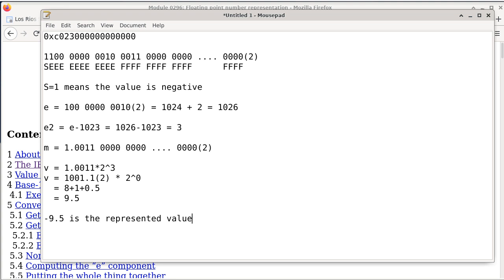C and C++ recognize this prefix as well. So anytime you want to use hexadecimal numbers in C and C++, you just prefix the digits with 0x. And I believe this is also used by most modern programming languages, perhaps even Python.